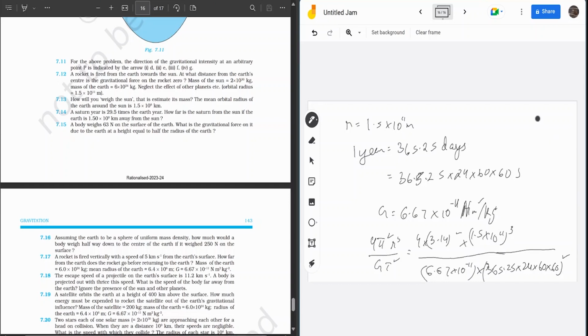If we calculate all this, we get 2.004 into 10 to the power of 30 kilograms.